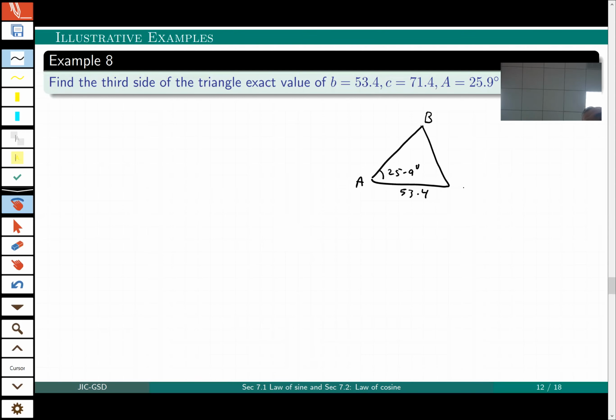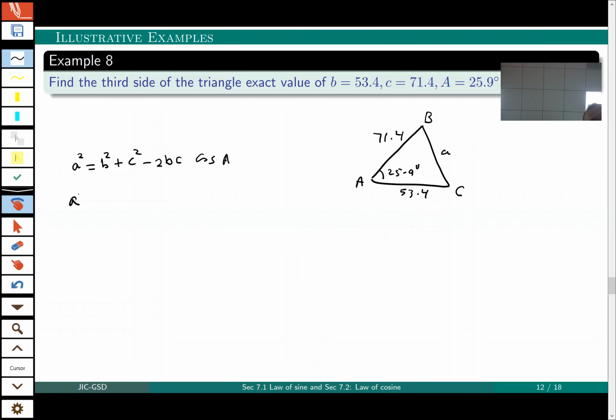And if this is C, opposite of C, that is 71.4. Now, what does that mean? If I want to find what A is, we will say A squared is equal to B squared plus C squared minus 2 times B times C cosine the angle A.